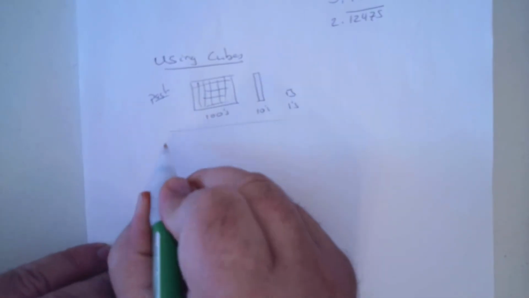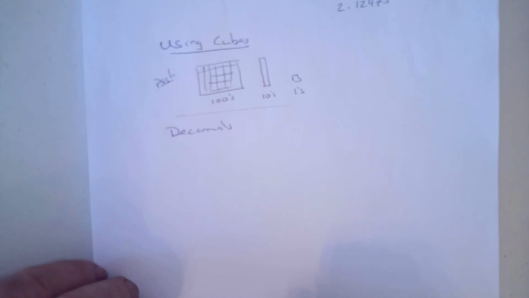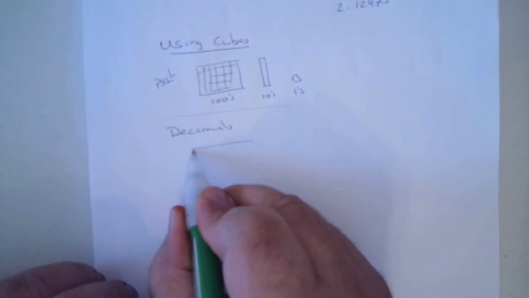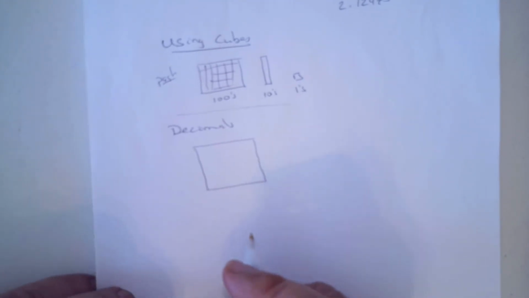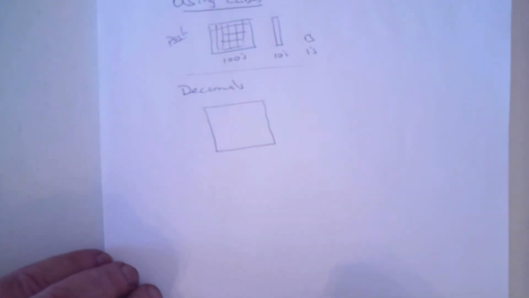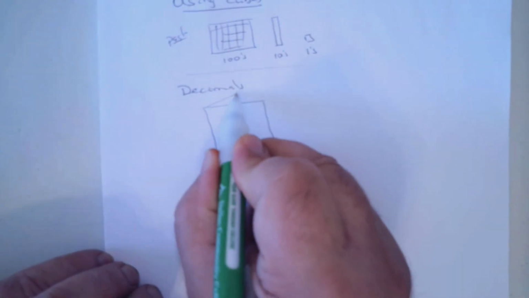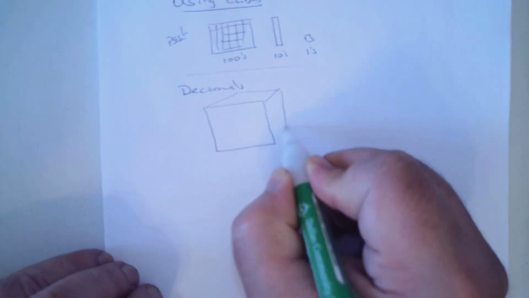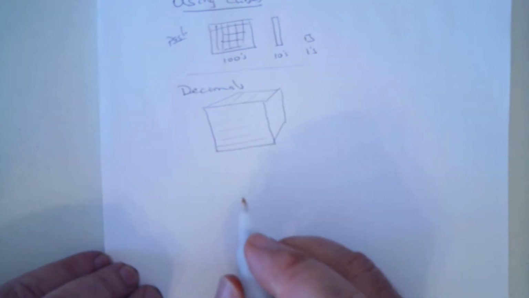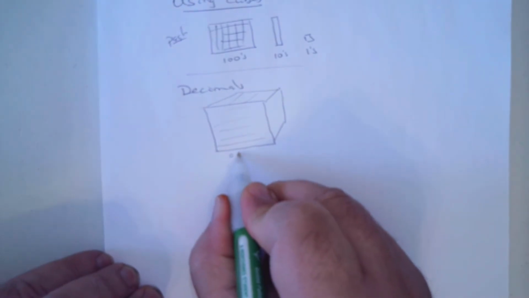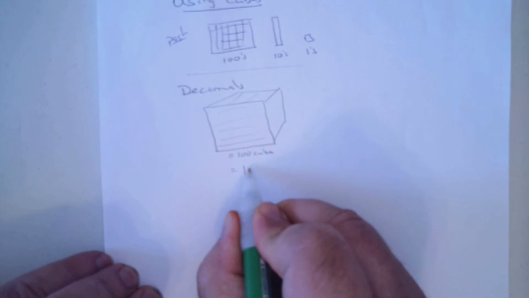But now, in decimals, we look at a block. It has 100 little dots in it. It has 100 cubes. These are our ones.